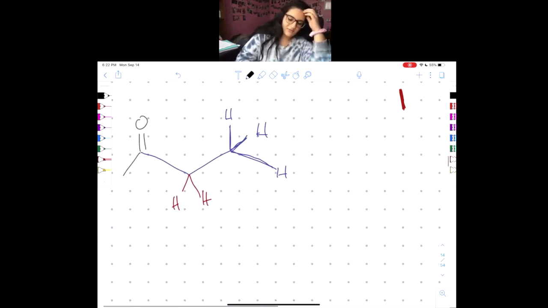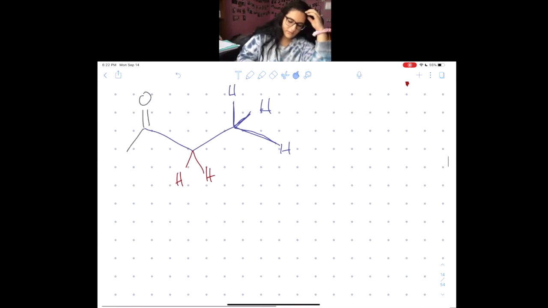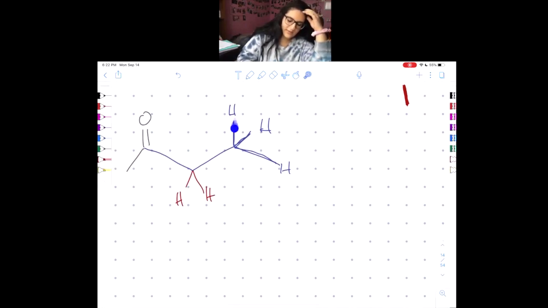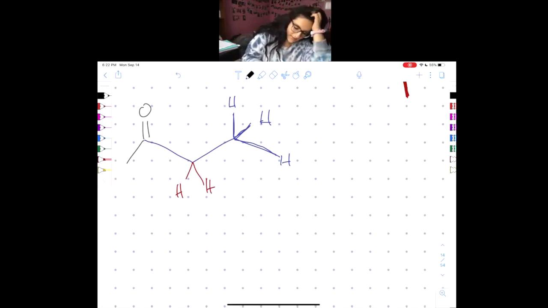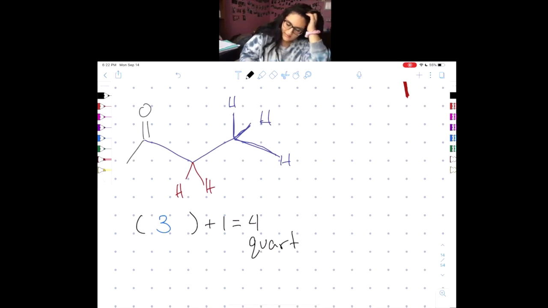When we have the red hydrogens, they will be 1, 2, 3 bond lengths from the blue hydrogens, so all of these blue hydrogens are going to be neighbors. So we will have the regular old n+1 rule. We have 3 neighbors, so the multiplicity will be 4, and this is a quartet.